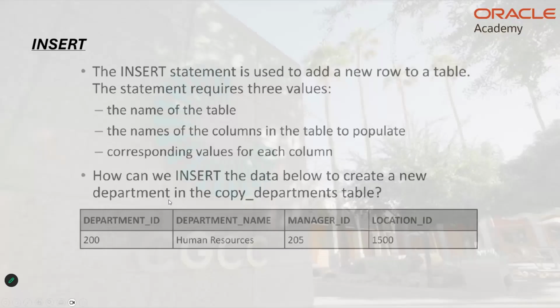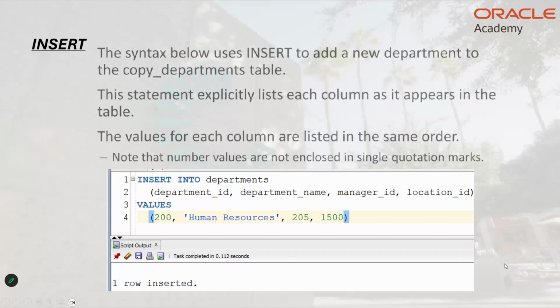All right, so how can we insert data below? Basically, I created a copy of the departments table because we wanted to add a new department. You don't necessarily have to make copies of tables. I will allude to that a lot. It is okay to modify these tables in your instance.